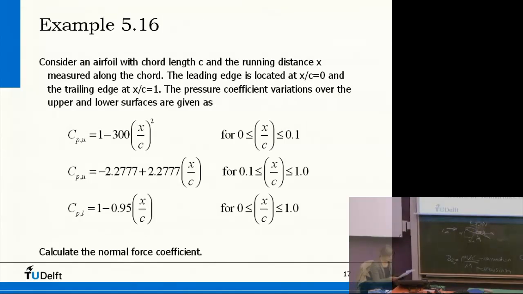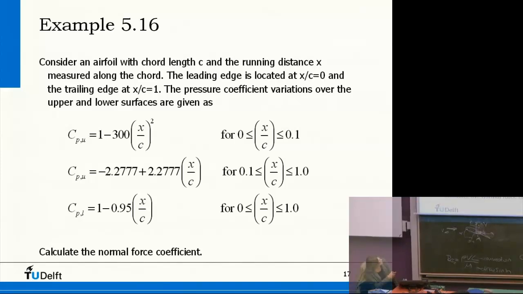And I have an example with that. Consider an airfoil with chord length c and running distance x measured along the chord. The leading edge is at x over c equals 0 and the trailing edge at x over c equals 1. The pressure coefficient variations are given here for upper and lower surfaces. Cp upper, between 0 and 10% of the chord, so 0.1, is given as 1 minus 300 (x over c) squared.